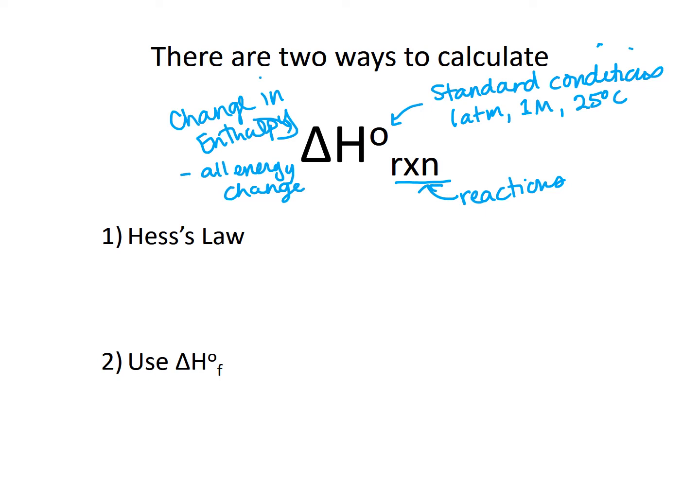Okay, now in my last video, I did Hess's law. So what I really want to do is focus on calculating this delta H naught of the reaction using this enthalpy of formation. Okay, so again, we have our delta H, which is, we'll just call it enthalpy, or that change in energy. That naught means the exact same thing. It means standard conditions.